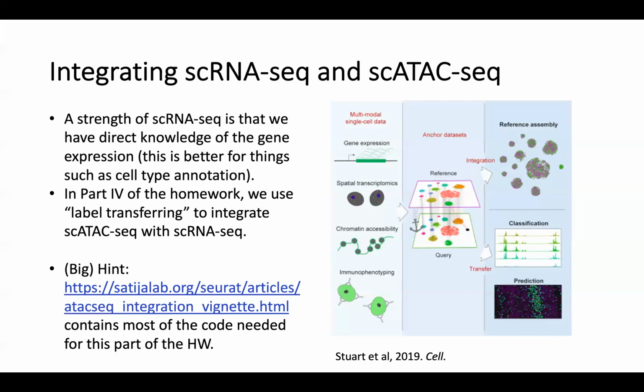This is the idea that you're going to use in part 4. If, in the single cell RNA-seq reference, you know what type of cells all these clusters are, you can pass these labels to the single cell ATAC-seq.